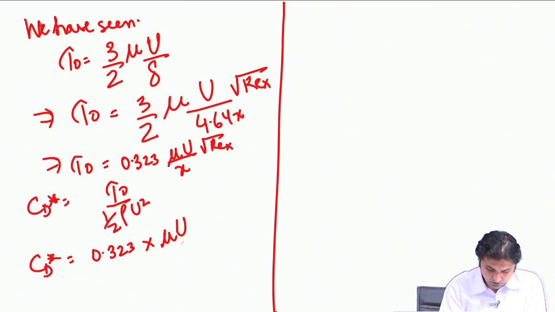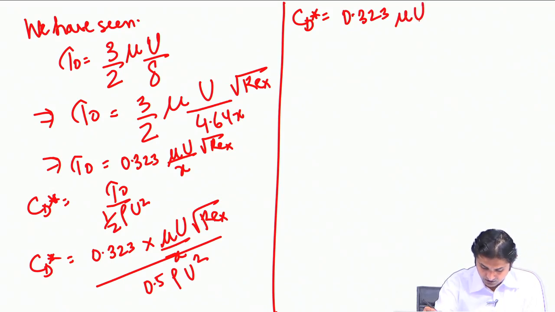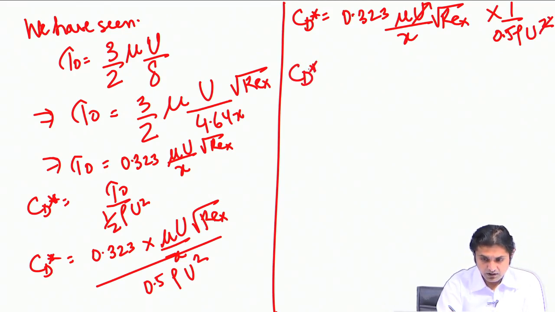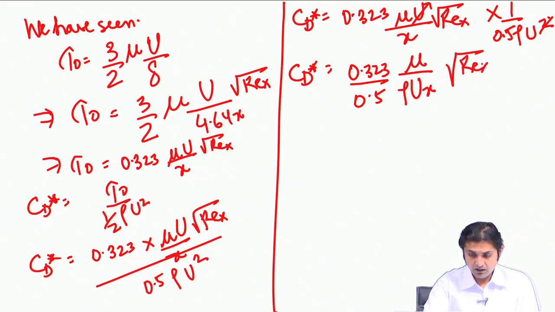You can cut U with U here, so CD star can be written as 0.323 divided by 0.5 mu by rho capital U x under root Re x.